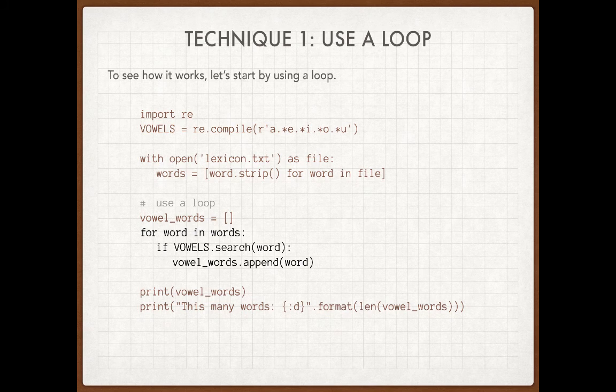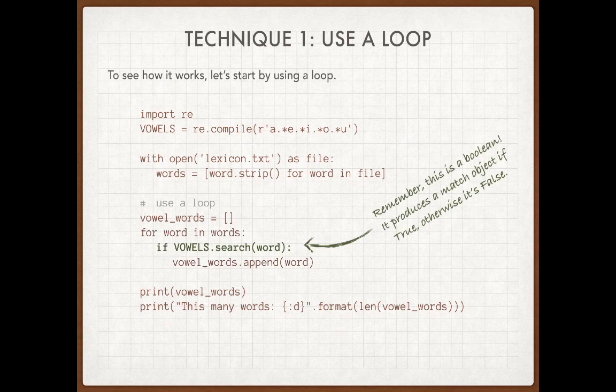And then I'm going to apply the vowels regular expression pattern to that word, and if that is true, I will append that word to my empty list. So as I work through the list, I am accumulating a list of words that fit that pattern.